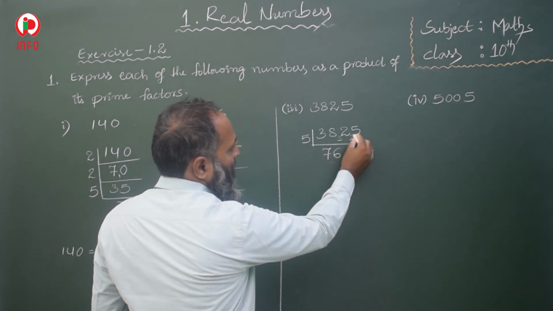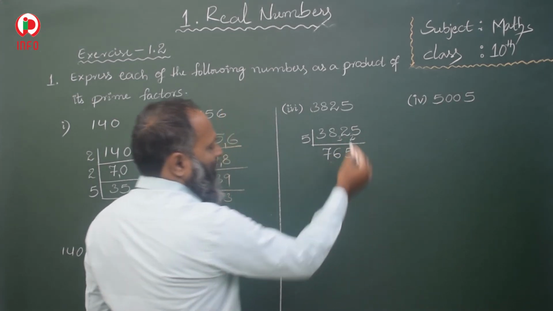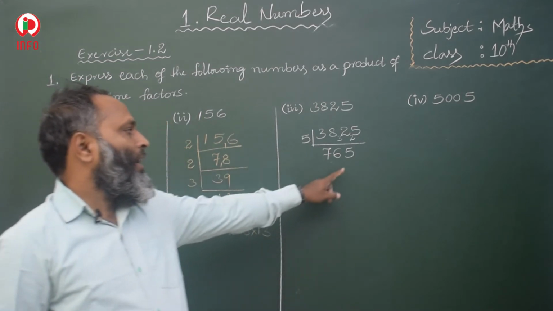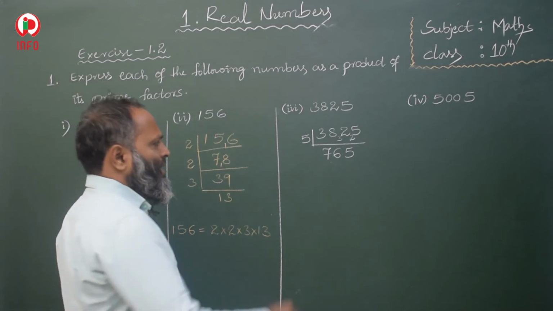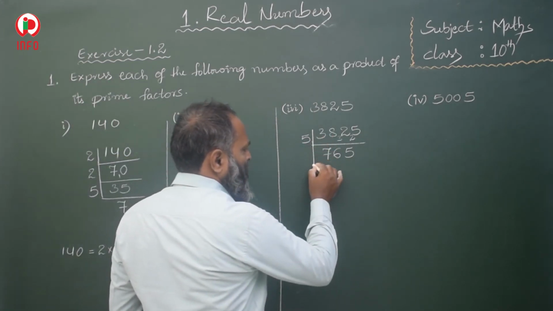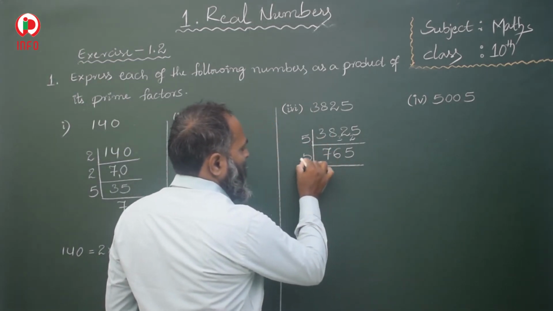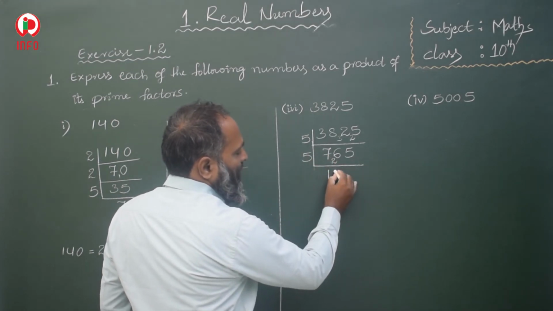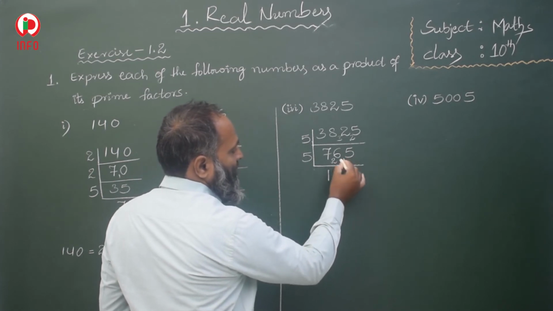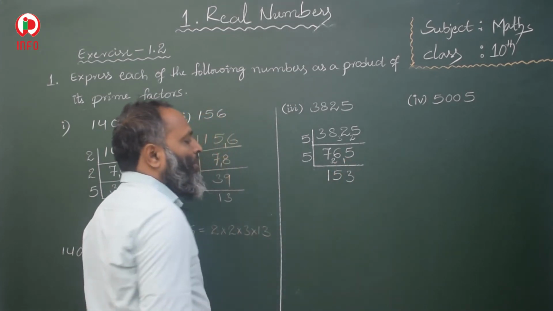Again 2 left, 25. 5 5s are 25. Here again 765, in that one's place is 5. It is divided by 5. Again take 5. 5 1s are 5, 2 left. 5 5s are 25, 1 left. 5 3s are 15.